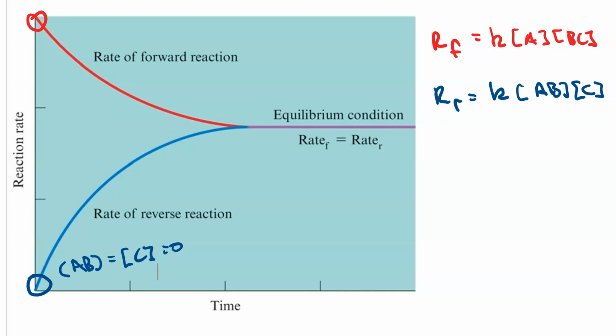As time goes on, say at this point, we can see that the rate of the forward reaction has gone down by this much. That's because as the reaction progresses, the concentration of A and the concentration of BC go down.